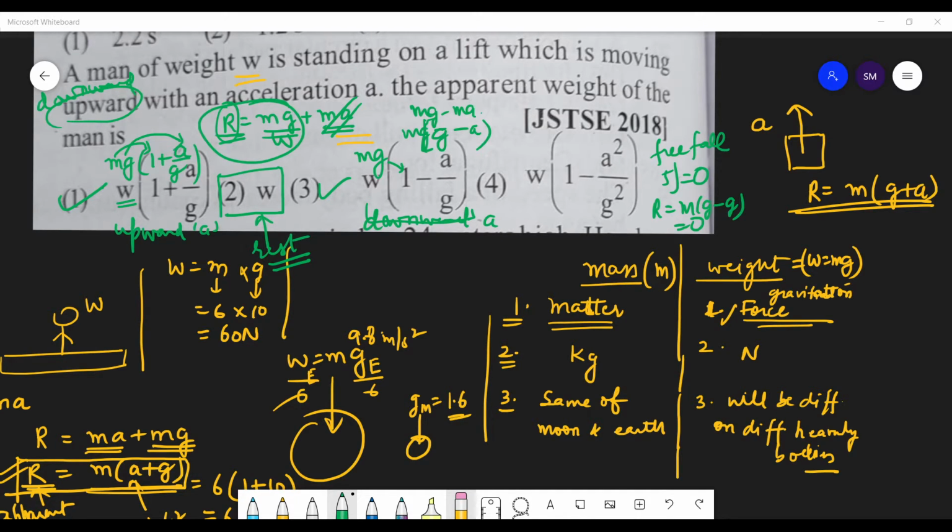You are going to find these questions in your higher classes also, even in your JEE and NEET, and when you study physics in higher classes. So just note it down if you have not noted it down. Do you have any questions regarding this? Anything you have not understood regarding this concept, lift? You can ask.